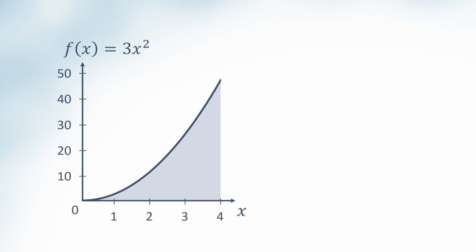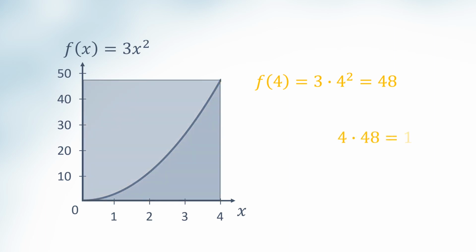What you can do though is applying the function itself to various values. So, for instance, you can calculate that a graph starts in the origin and that f of 4 is 48. Consequently, you can deduce that the rectangle enclosed between these two corner points measures 4 by 48 equals 192 units.